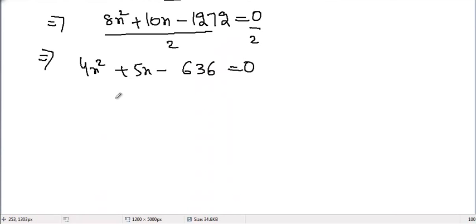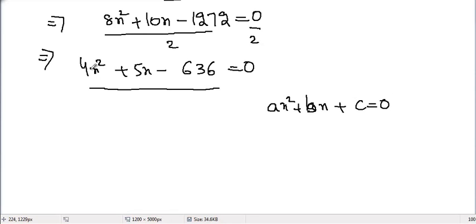Now let's suppose that we want to solve this quadratic equation by using the quadratic formula. In order to solve a quadratic equation by the quadratic formula, we compare the given quadratic equation with the general quadratic equation. The general quadratic equation is a n square plus b n plus c is equal to 0.